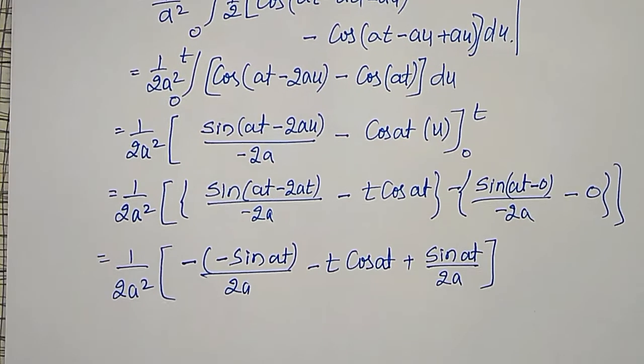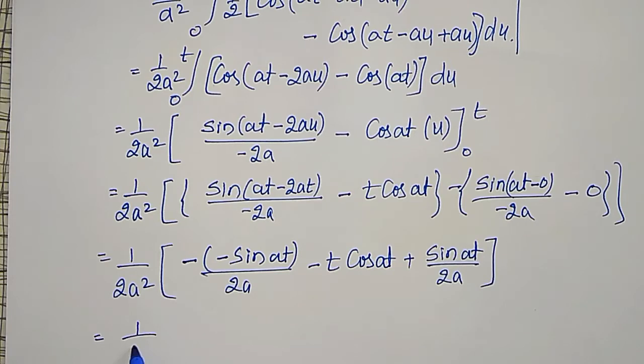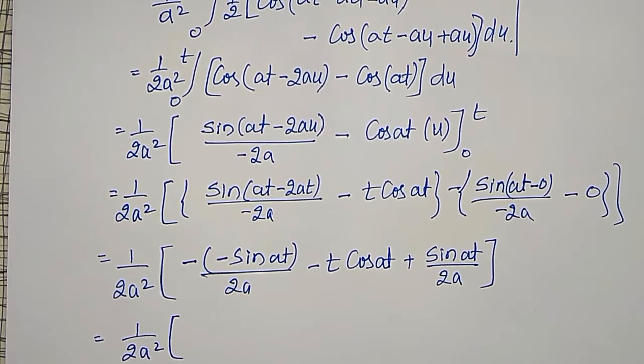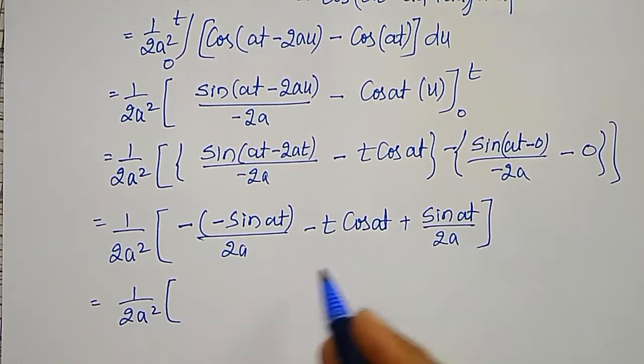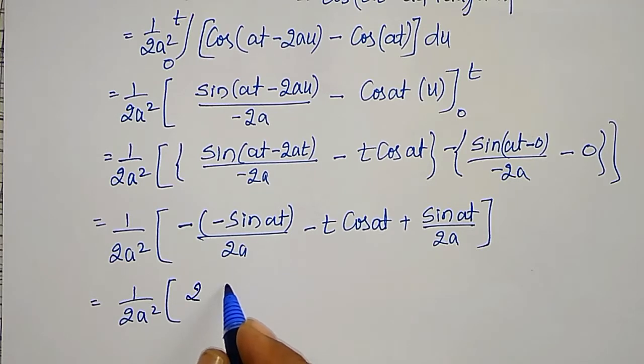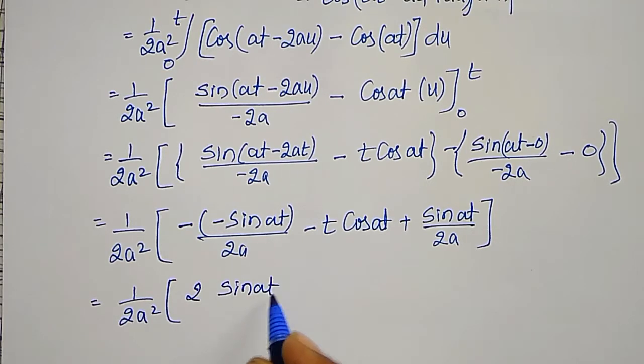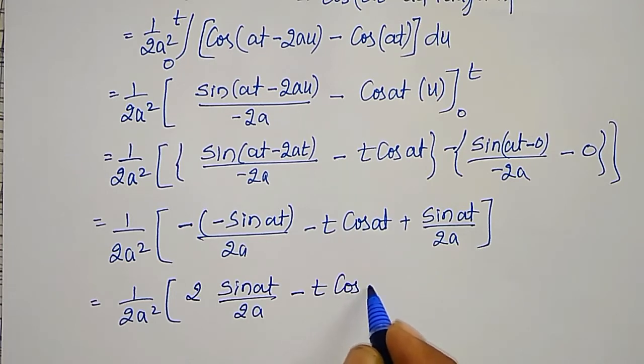That becomes 1 by 2a square into this 2, again it is nothing but minus 1 by 2, 1 by 2 will become 1. This one I can write as 2 times sin at divided by 2a minus t into cos at.